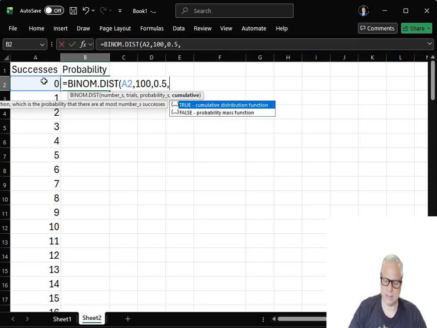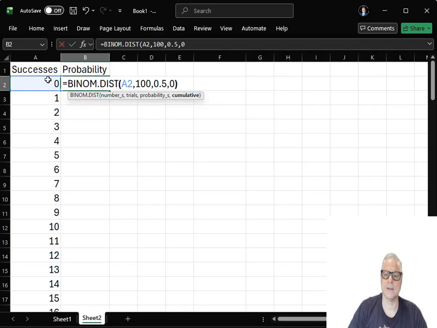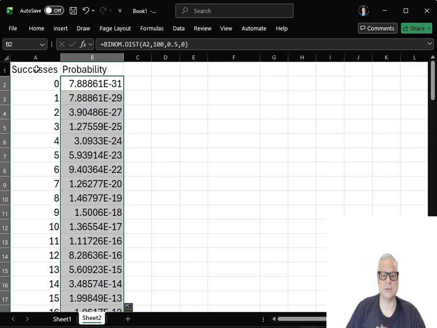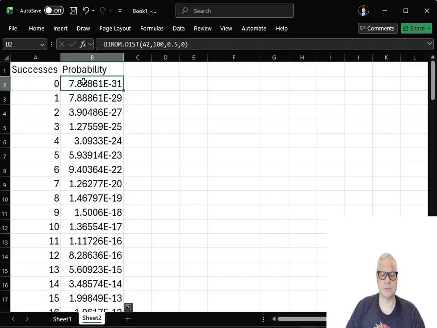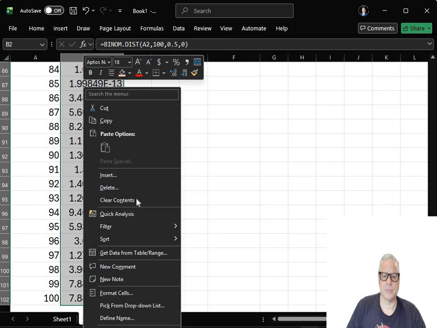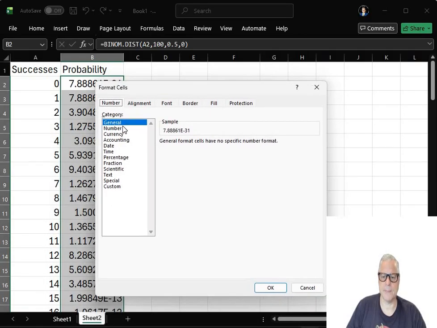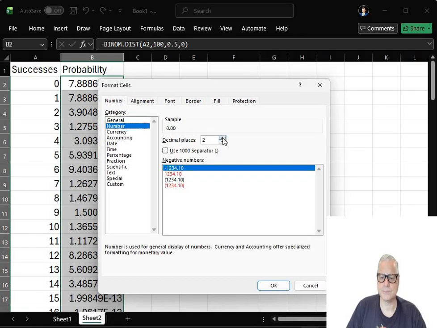So I put in here a 0. And then we should see something which looks nicely normally distributed. So let's copy down that formula and let's maybe format the cells and give it a number, but then we need a lot of decimals obviously.